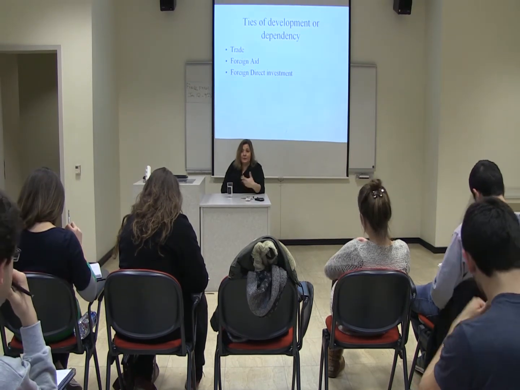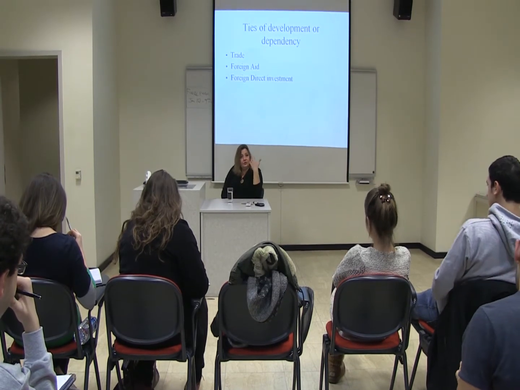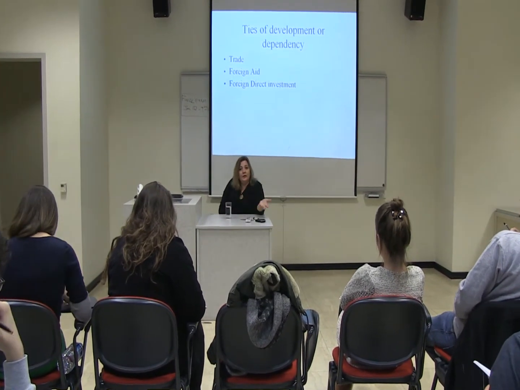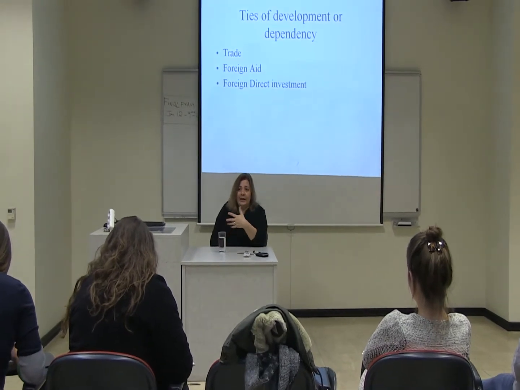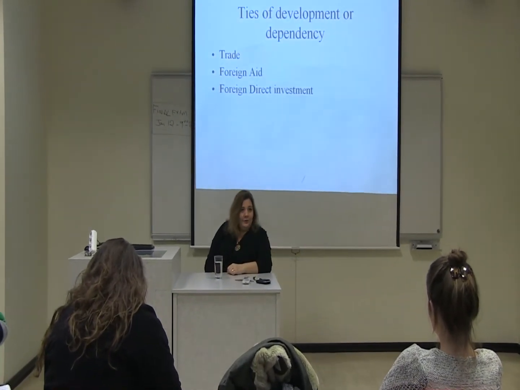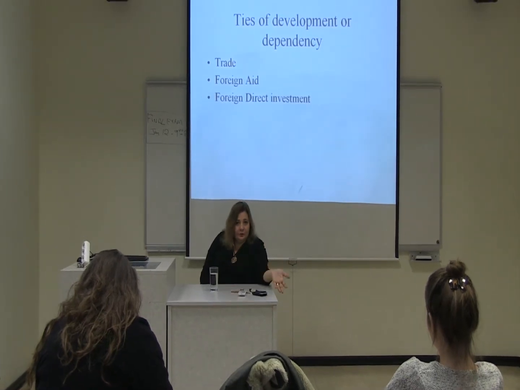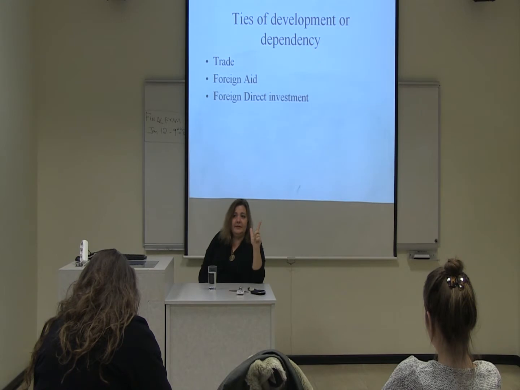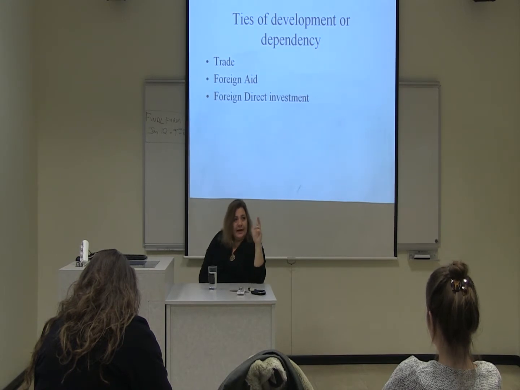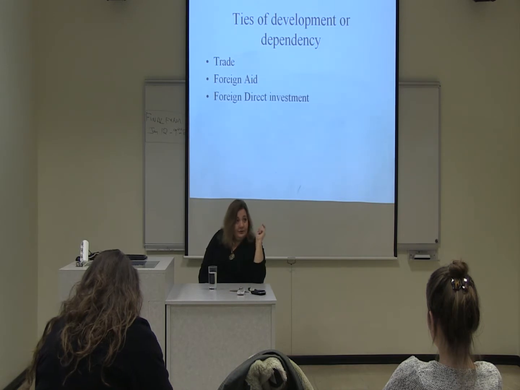So southern states, what do they want? They want to change the rules of the game. Where do they voice these demands? The attempts to change the rules of the game, where do they voice these attempts? The UN. So we talked about UNCTAD, the creation of UNCTAD in 1964, the commodity subsidy agreements in the 1970s, and the rounds of trade negotiations, the Kennedy round, the Tokyo round, the Uruguay round, and now recently the Doha round.